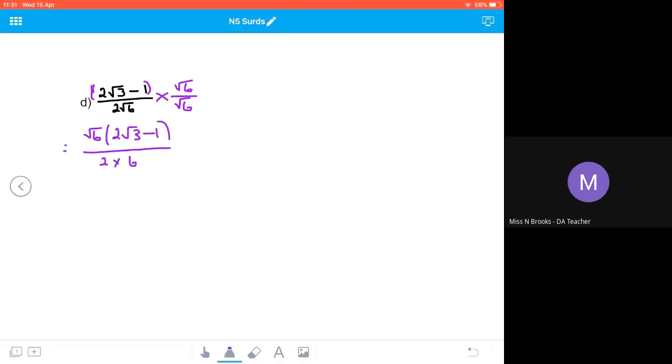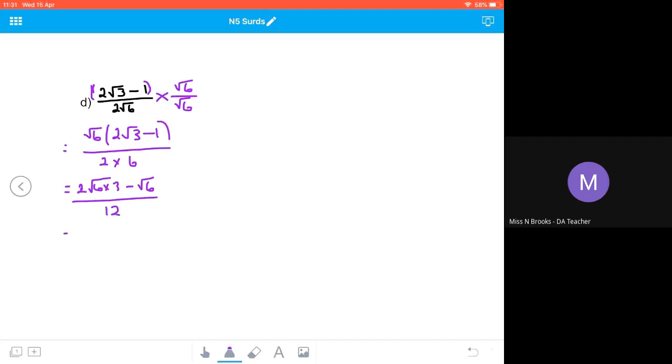Now I need to expand my bracket using rule 1. Root 6 times 2 root 3 gives me 2 root 6 times 3, take away root 6 times 1 is root 6. And then 2 times 6 gives me 12 on my denominator.